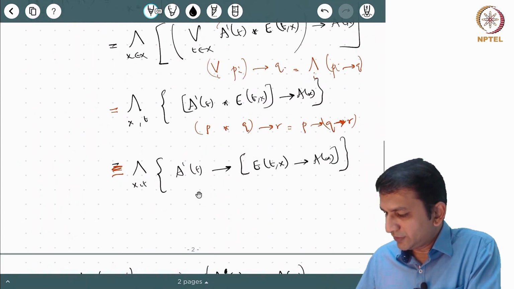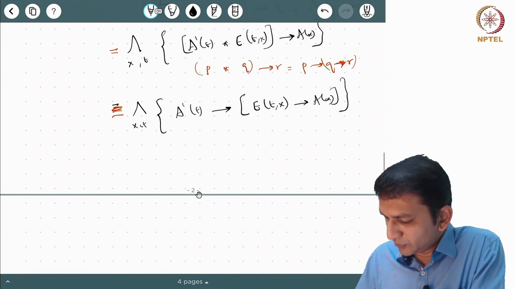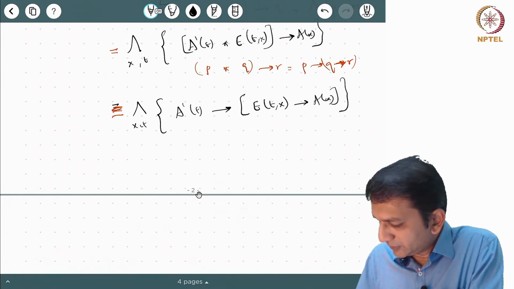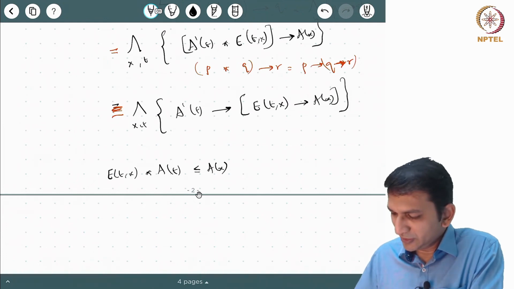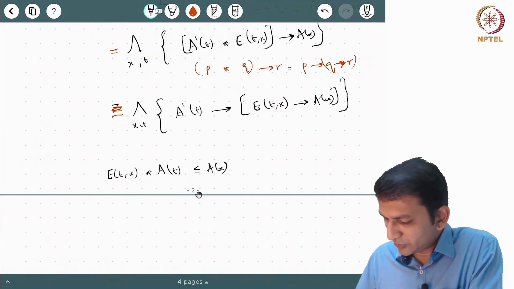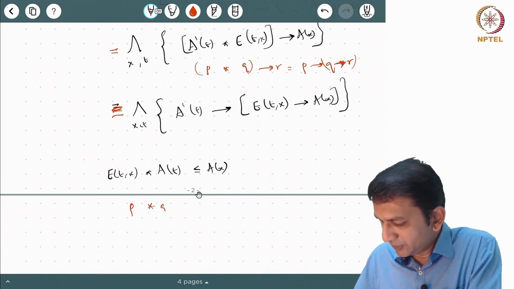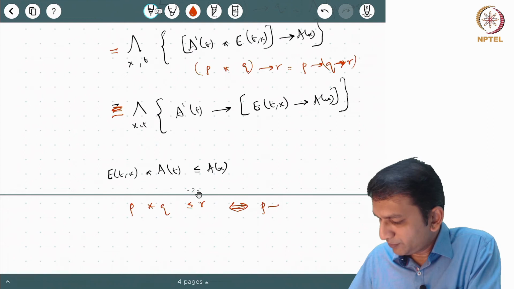Now we have seen this earlier too. Let's work it out. We know that e of t, x star a of t is less than or equal to a of x. Now we are coming from a residuated lattice structure, so we also know this: if p star q is less than or equal to r, then this is equivalent to p implies r being greater than or equal to q.